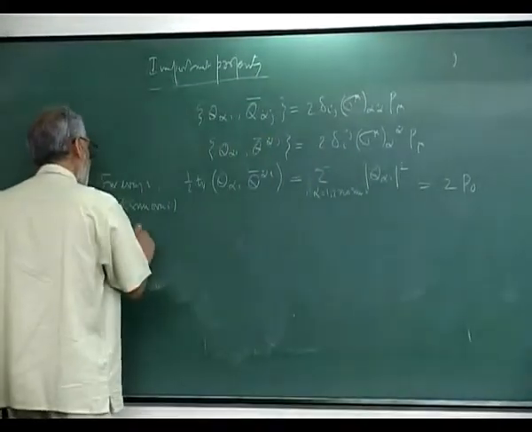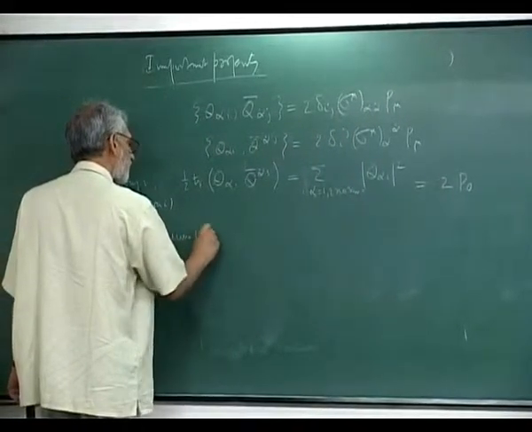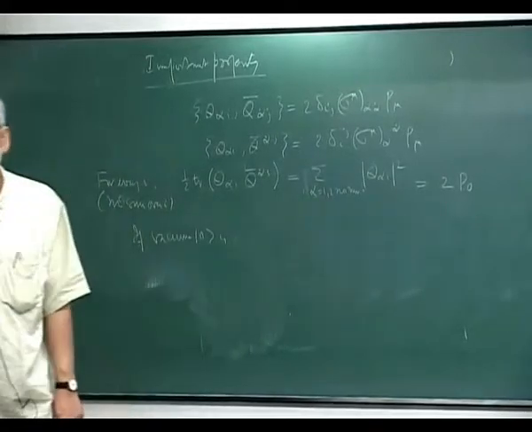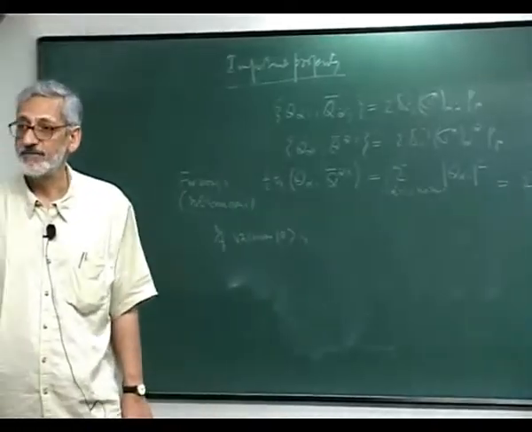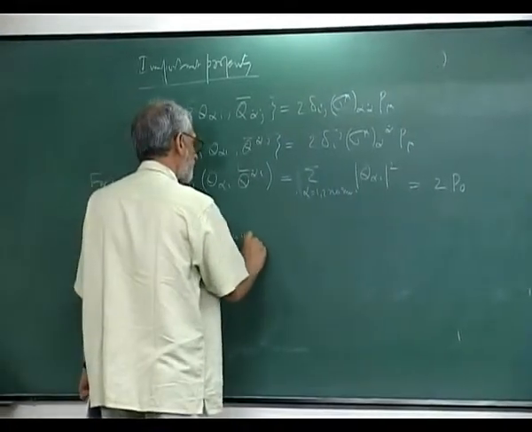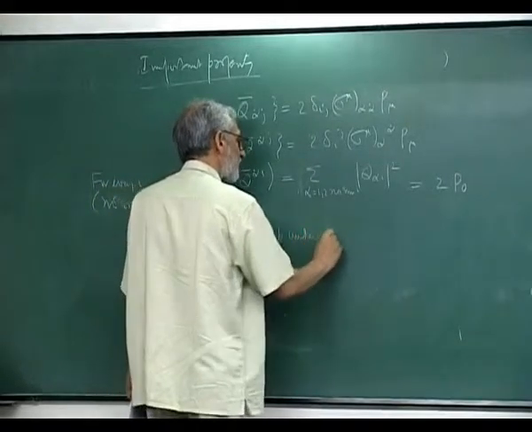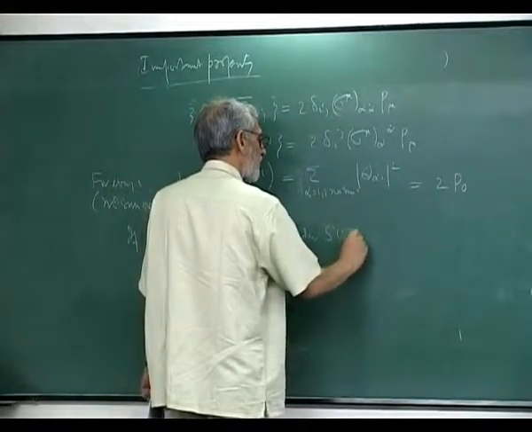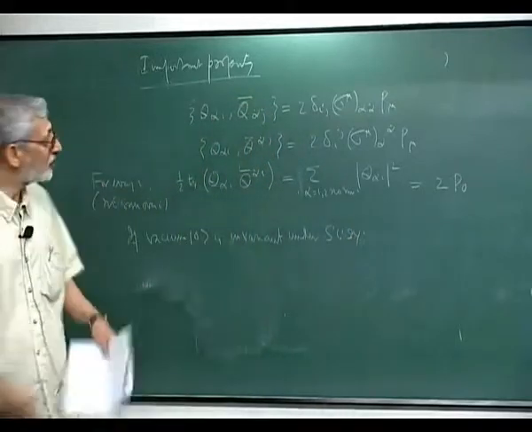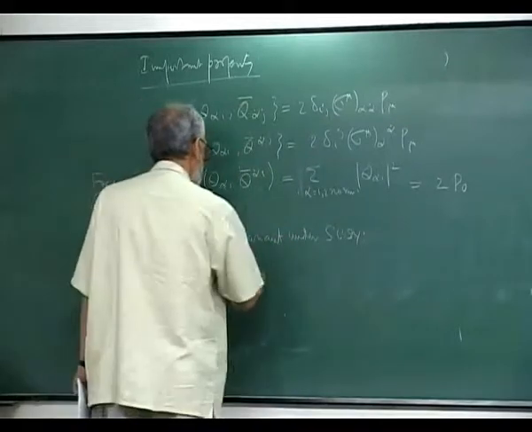Now, if the vacuum state, we give it a name, 0 ket, is invariant under supersymmetry, which means these supercharges that we have constructed here must kill the vacuum state.